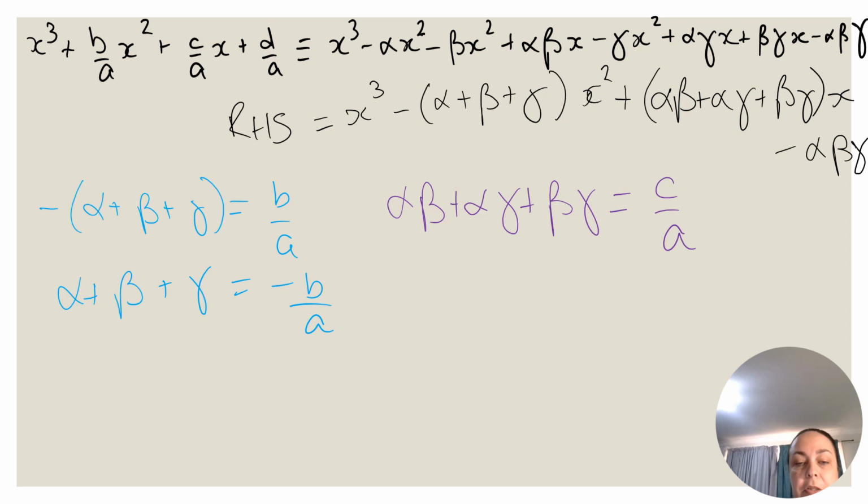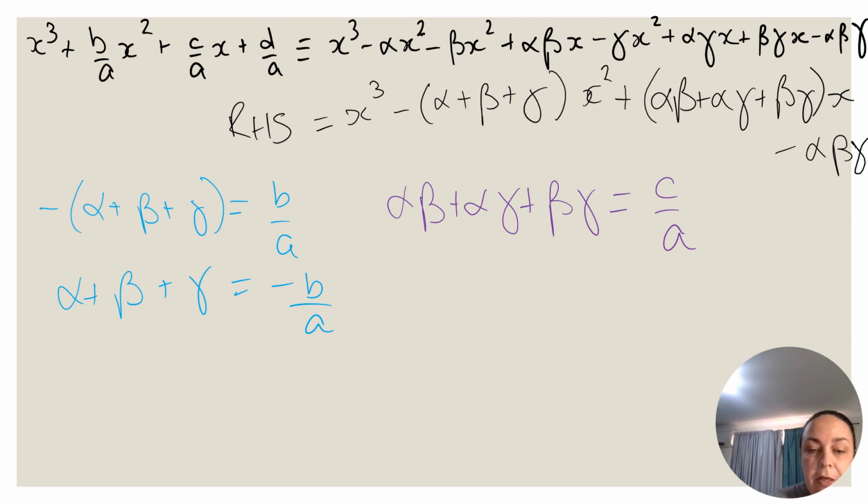So you've got alpha, beta, then alpha, gamma, and then beta, gamma. This can also be used to describe the quadratic alpha beta equaling c on a, because that is the sum of the roots 2 at a time. There just happen to be only 2 roots, so it's fine. So sum of roots taken 2 at a time, c on a, no problem.